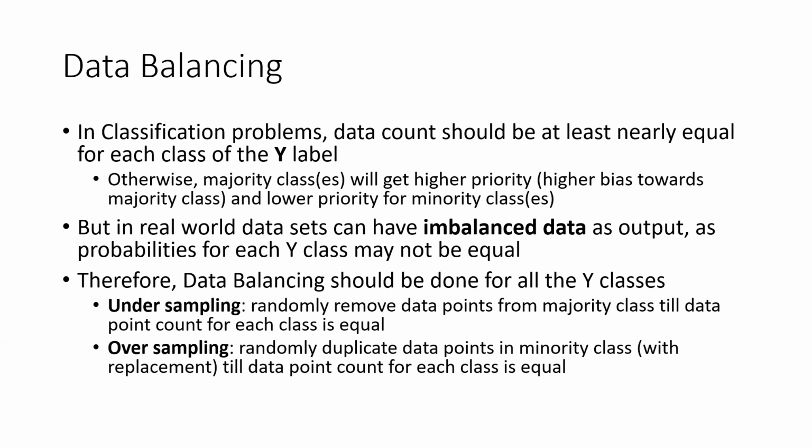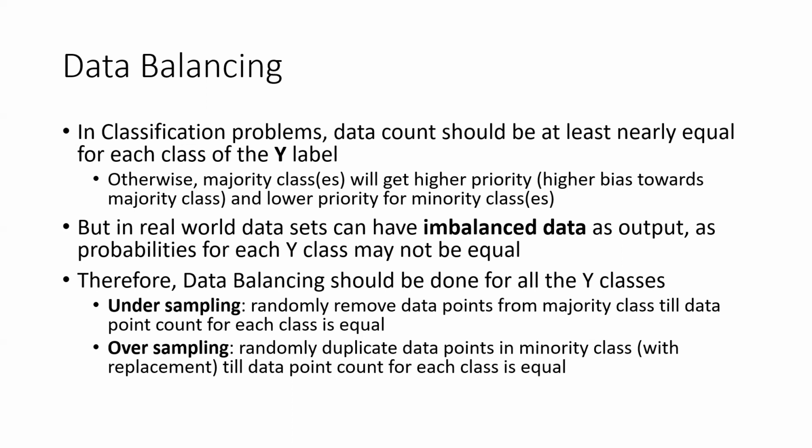The second technique is known as oversampling, where you don't remove any data point from the majority class or anywhere. What you do is duplicate the data points in the minority class so that the class sizes are equal, right? The idea of balancing is that you want to make sure the Y label classes are equal in the data set.